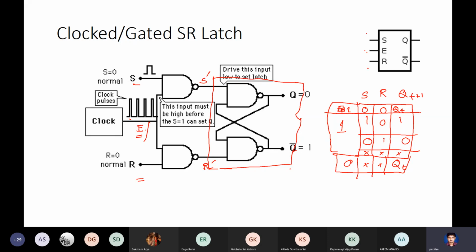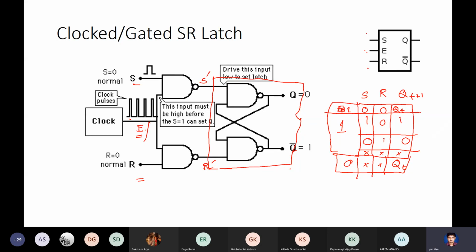When the enable is 0, the latch is inactive. It just holds the value whatever input you give. So this is sometimes called a gated latch or an enabled latch. Just with the help of a combinatorial circuit, you are adding a third input. You can also easily draw the transition diagram and the excitation table for this.